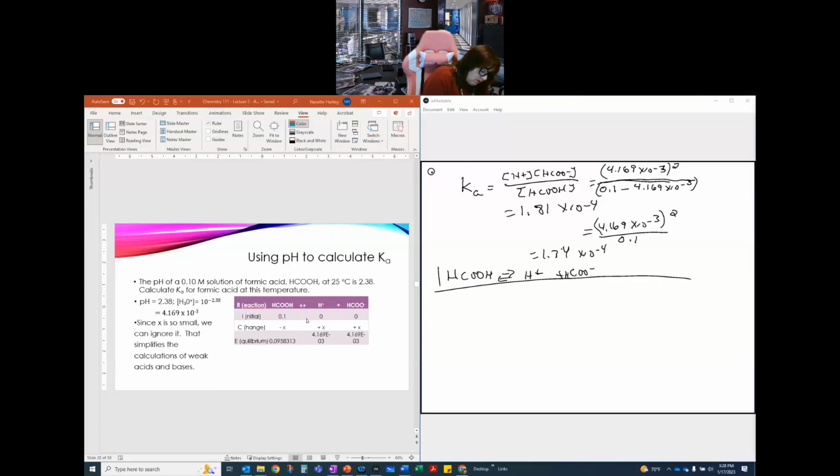I know that that's my R, 0.1 molar here, 0 and 0 there. I know that my change here is negative x. This is a plus x, that's a plus x. My equilibrium is going to be 0.1 minus x. Ignore the x. And of course, the H plus is equal to 10 to the negative 2.38. The HCOO minus is also 10 to the negative 2.38.